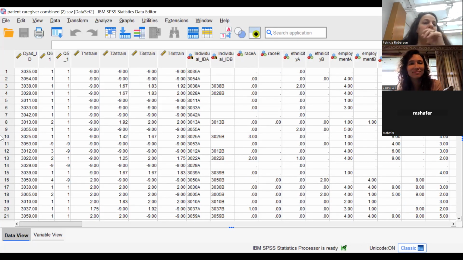We'll just look at strain. This is the caregiver strain measure. Here is an ID number, and this is time 1, time 2, time 3, and time 4. Look at all those time points.